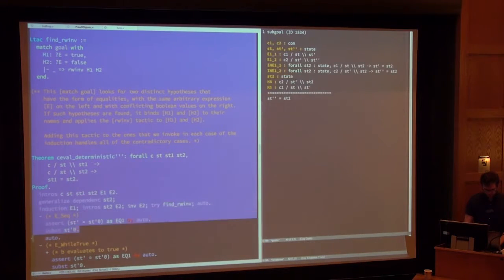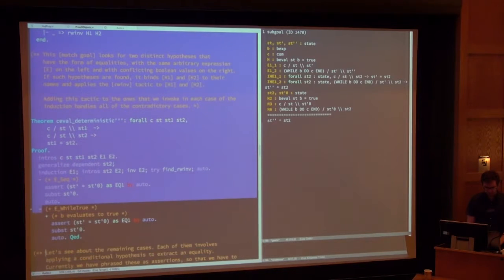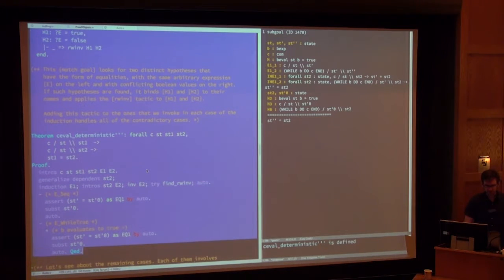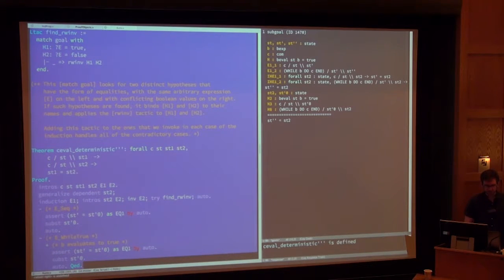So cool. We've built this little custom bit of Ltac magic using this match statement that resolves some of these cases automatically. And what is so pleasant here is that because we get to define our own match statement, we're matching against the assumption names.